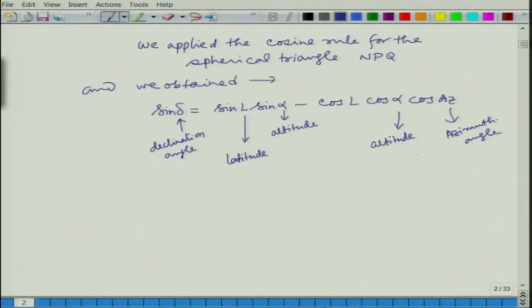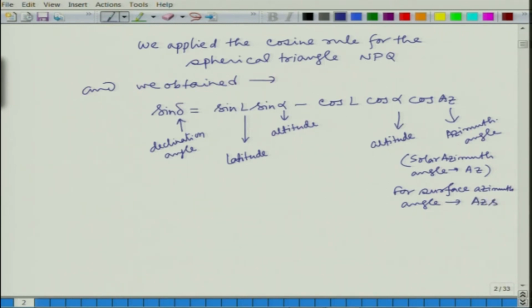Here you have to remember, for the solar azimuth angle we do not use any subscript, it is just AZ. For the surface azimuth angle we use a subscript S.